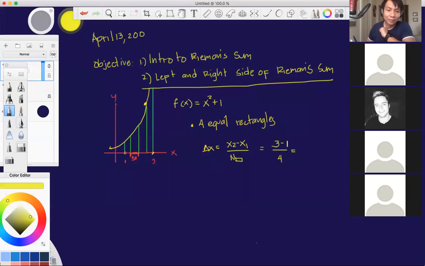So that will now give us 3 minus 1, which is 2, divided by 4. And according to Danny, our delta x will just be equal to what, Danny? 0.5. 2 divided by 4 will just give us 0.5.